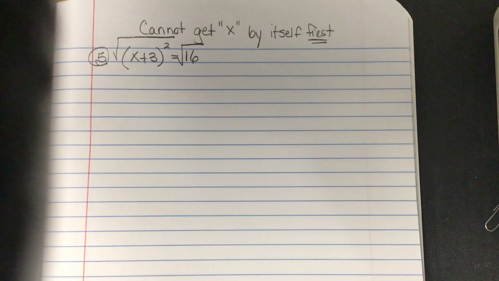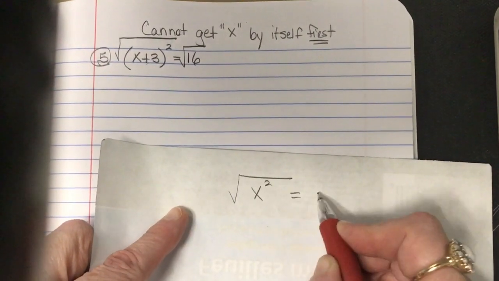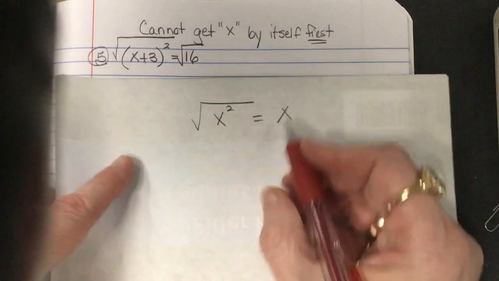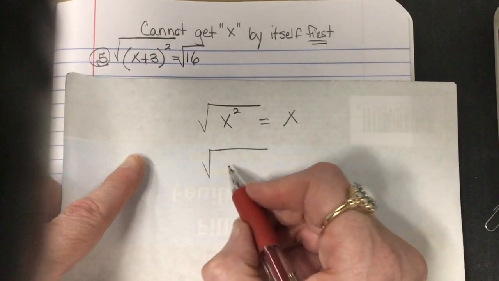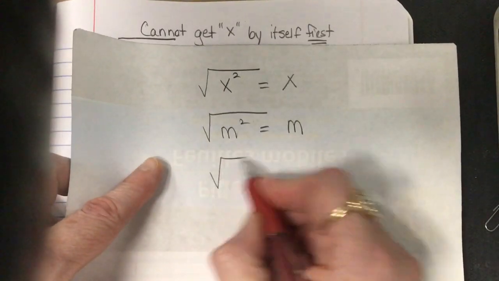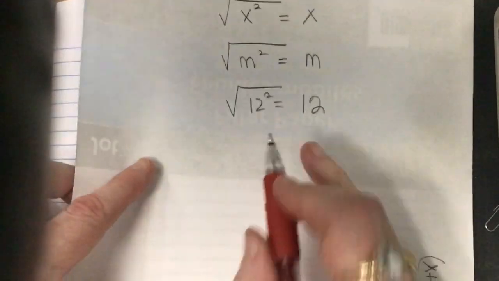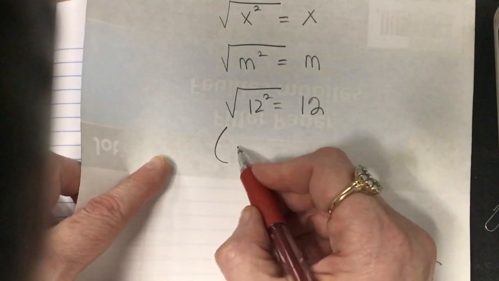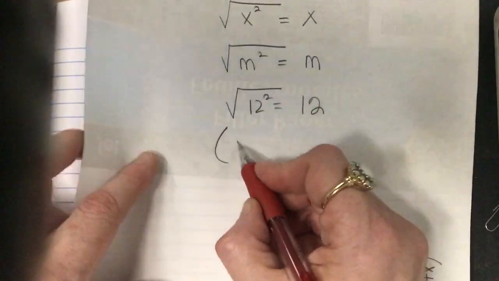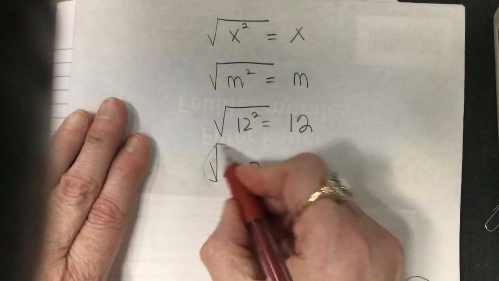Now, think about it. What's the square root of x squared? X. What's the square root of m squared? M. What's the square root of 12 squared? 12. You remember that one? Now, look. What's the square root of x plus 3 squared?